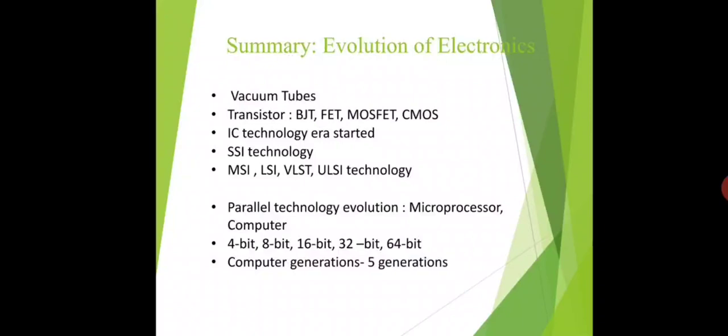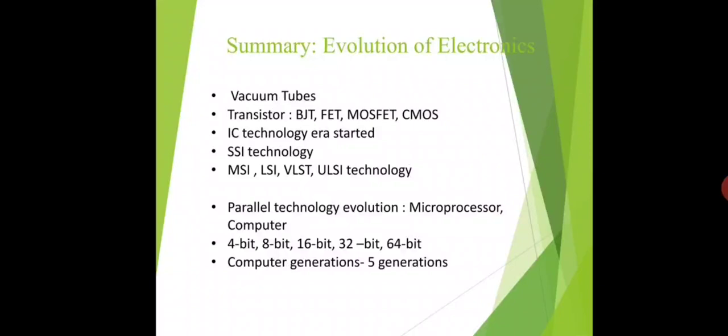Then the 8-bit processor was replaced by the 16-bit processor. Among 16-bit processors, the popular processor was 80286. After 8085 it was 8086, then different versions 8086, 80186, 80286, then 80386, 486, like this.